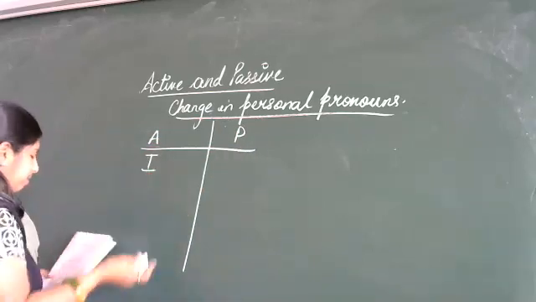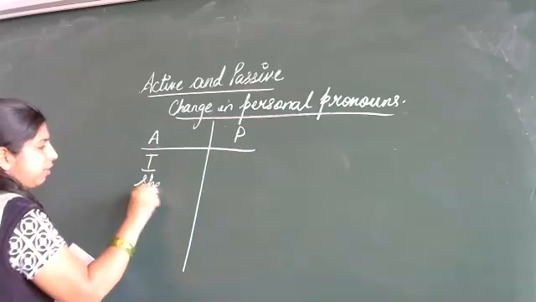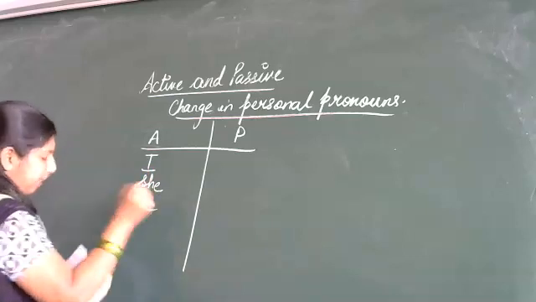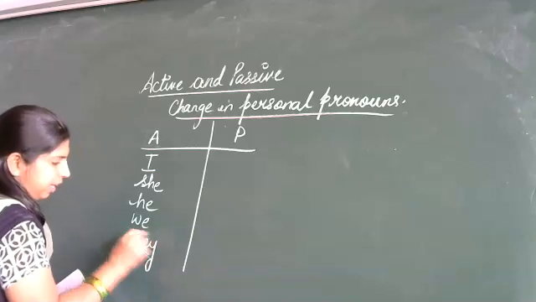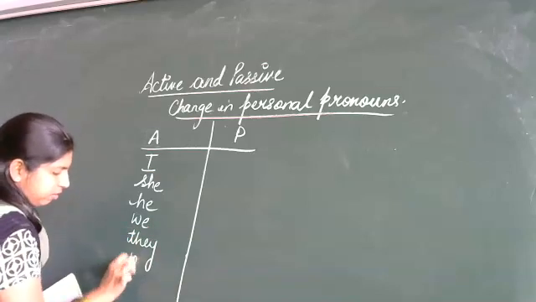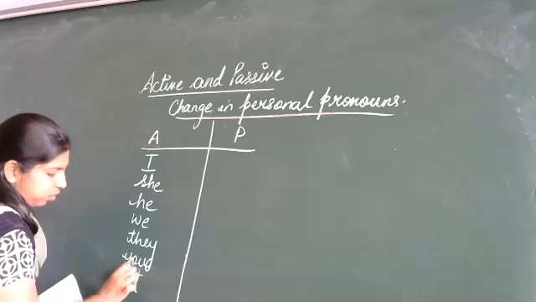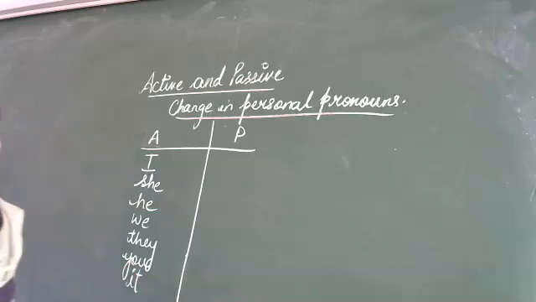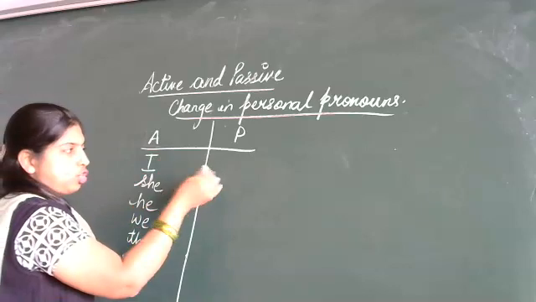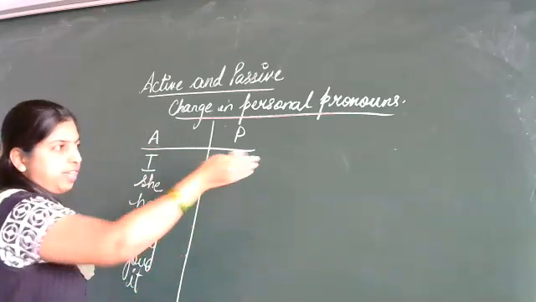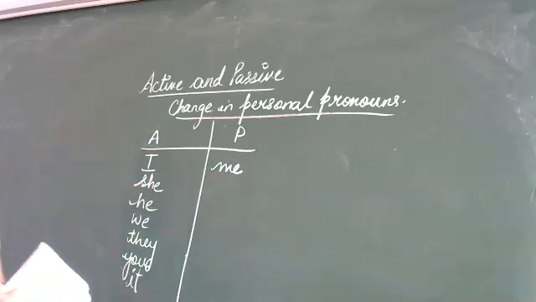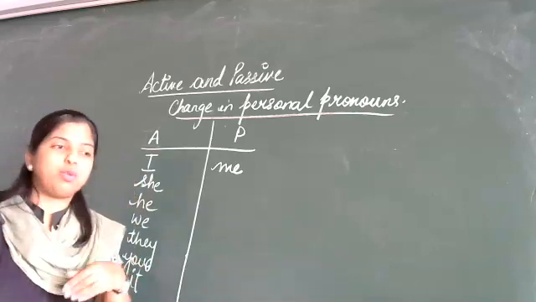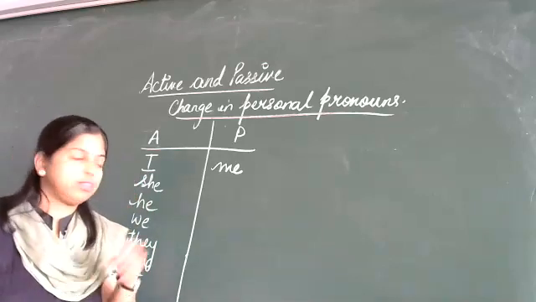So I, she, he, we, they, you and it. I will change to me as we have done. As I told you, I will read the paper. The paper will be read by me. You don't say the paper will be read by I.